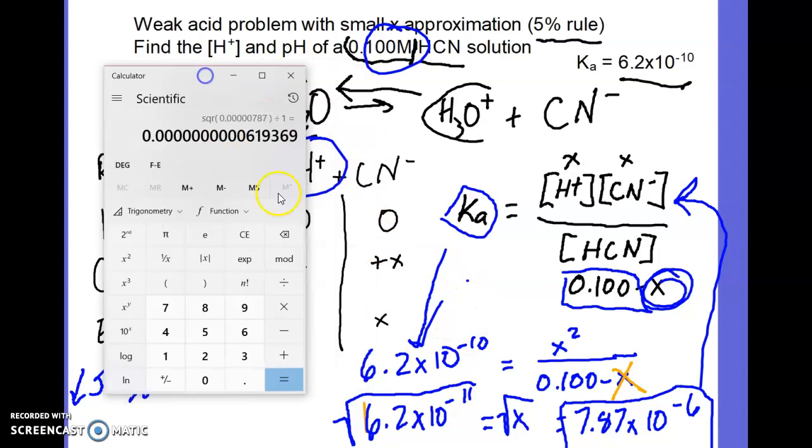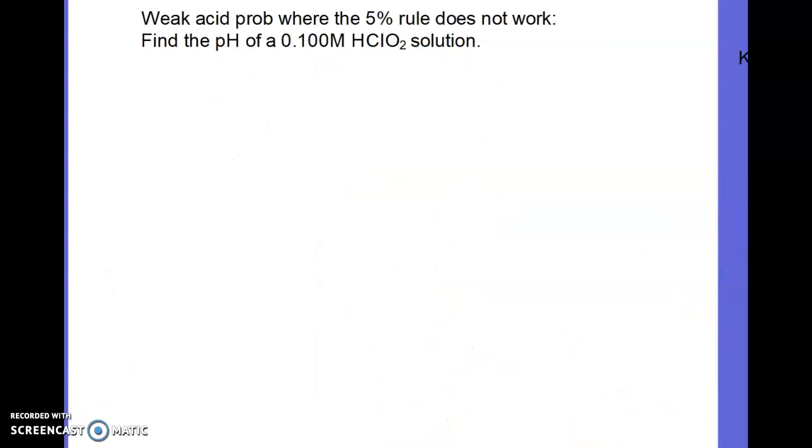So it gets me back to that. So it's a good way to check to make sure you've done it correctly, especially for the 5% rule.